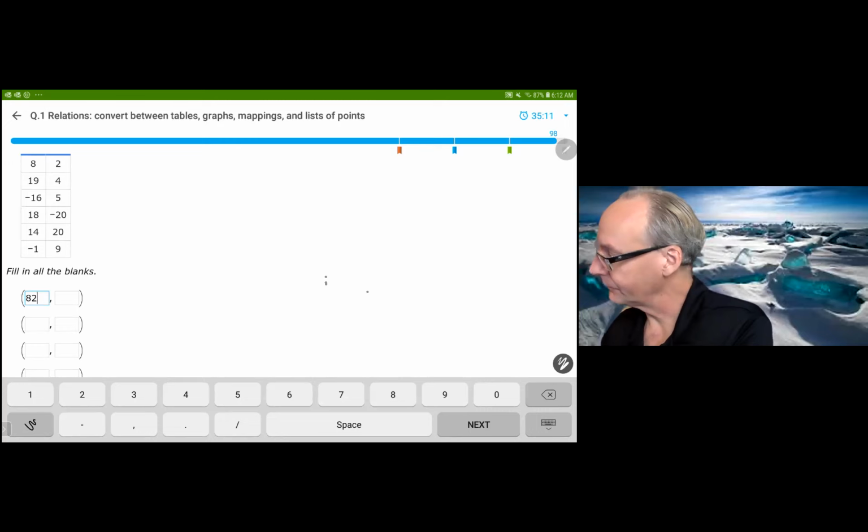Oh, 8, 2, 19, goes with 4. Negative 16 goes to 5.